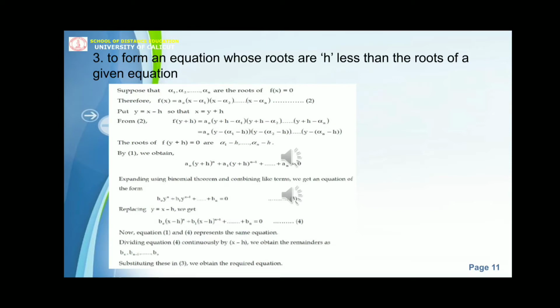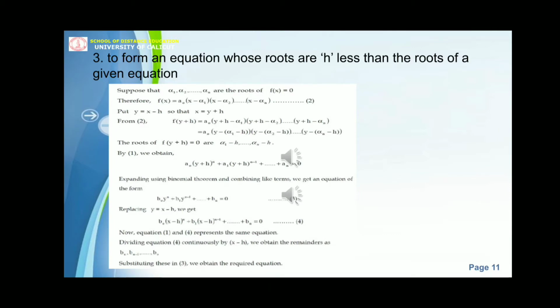Now give the substitution x = y + h. Then we get f(y + h) = a0 (y - (alpha 1 - h))(y - (alpha 2 - h)) ... (y - (alpha n - h)). So notice that f(y + h) has alpha 1 minus h, alpha 2 minus h, up to alpha n minus h as its roots.